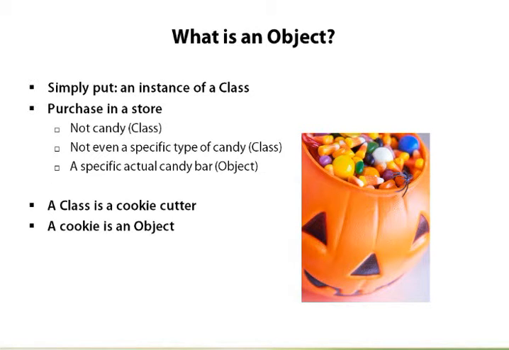Now that we've talked about what a class is, let's define an object in terms of a class. So what is an object? The simple definition is that it is an instance of a class. What I mean by an instance is, if a class is a blueprint, an object is a house. It's a thing that you build with the blueprint. If a class is a cookie cutter, an object is the cookie.